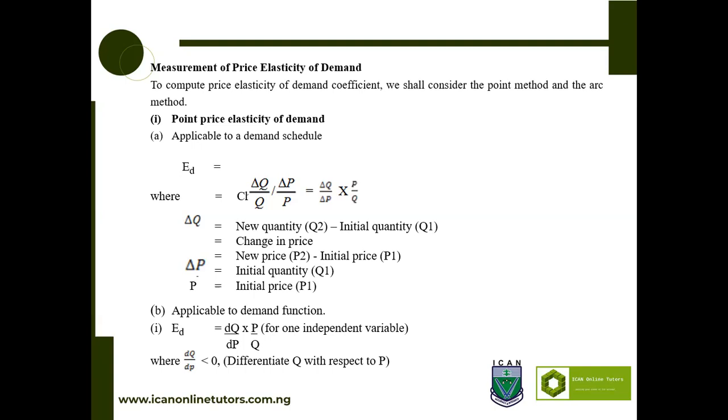If there is only a single variable, we make use of change in quantity divided by change in price multiplied by price divided by quantity. Where dQ divided by dP, which is the change in quantity divided by change in price, will be less than or equal to 0. That is differentiation. We differentiate Q with respect to P.